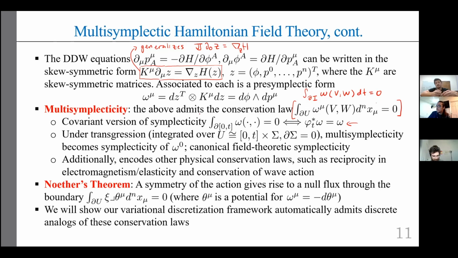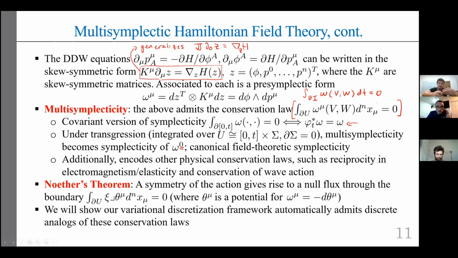If you take some space-time cylinder, which looks like an interval across some region in space-time where the boundary of that region is 0, then multisymplecticity actually becomes symplecticity of the first symplectic form that you define, the symplectic form corresponding to the time coordinate. So this is the infinite dimensional field theoretic symplecticity. Multisymplecticity also reduces to symplecticity when you integrate over a specific type of region.